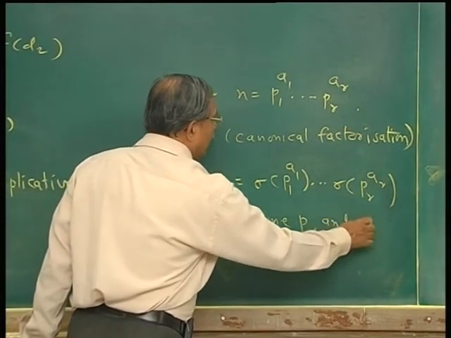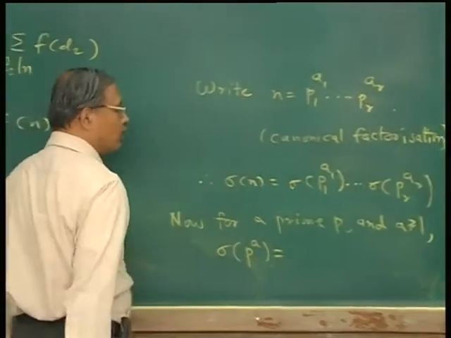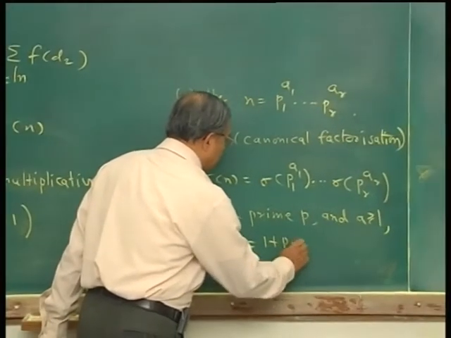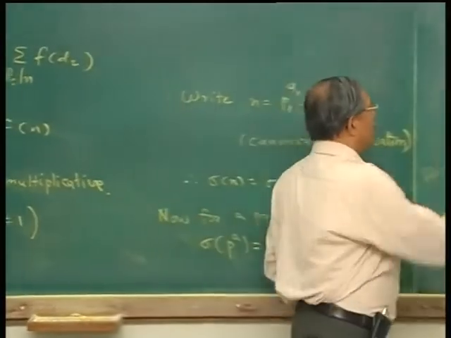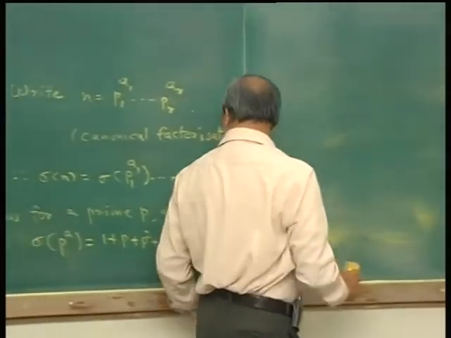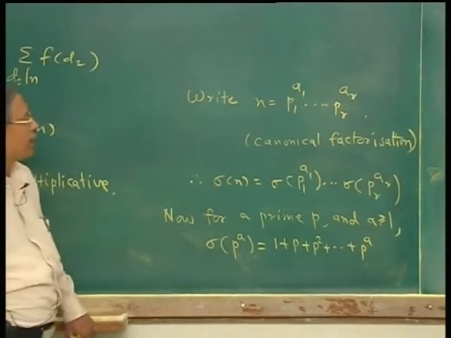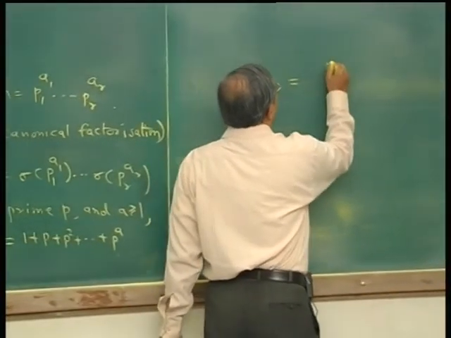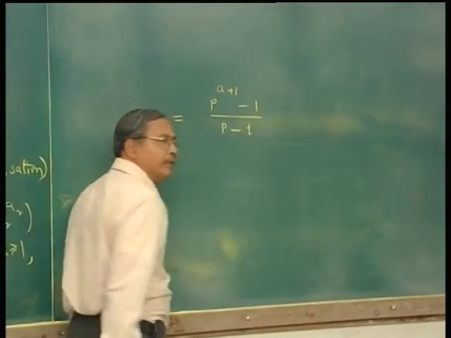So now for a prime p and a bigger equal 1, sigma of p raised to a equal to the sum of divisors of p raised to a. So it is 1 plus p plus p square etc. plus p raised to a. And here this is a geometric series with first term 1, common ratio p, and the number of terms in the geometric series is a plus 1. So this is equal to p raised to a plus 1 minus 1 upon p minus 1.